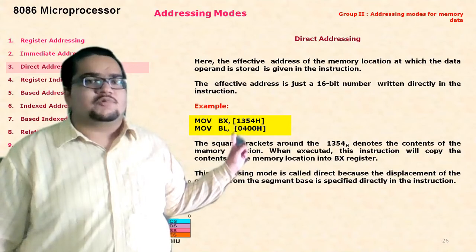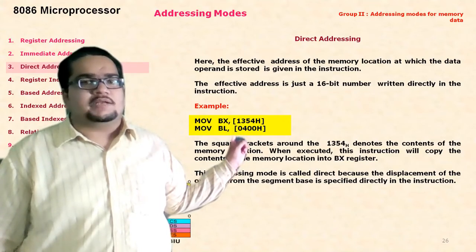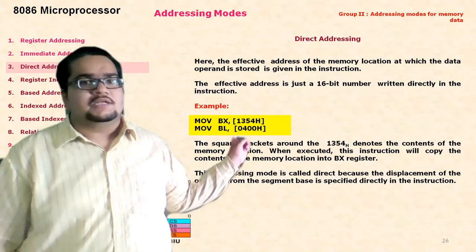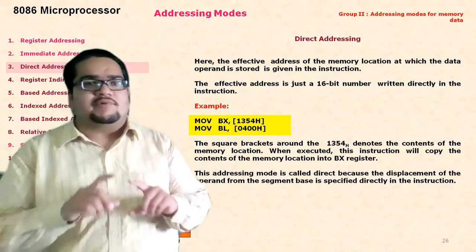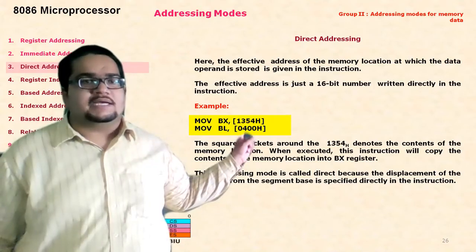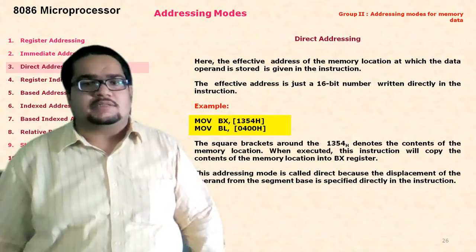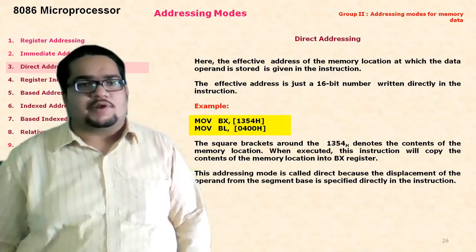In the direct addressing mode, in the example, you can check it out here: MOV DX, a number in the square brackets is written. Anytime any number is written under square brackets, that will be considered as an address. So here in this instruction, MOV DX, [1354h].